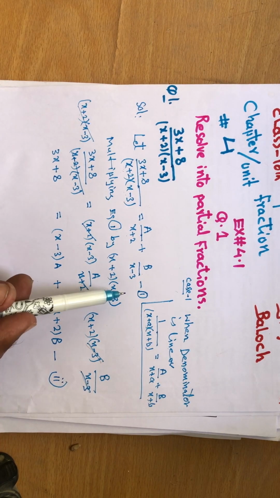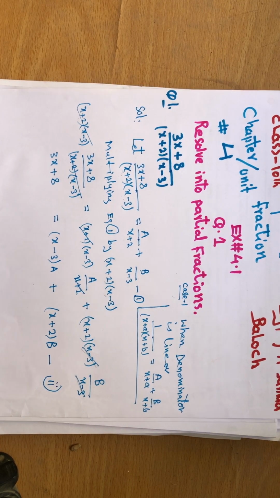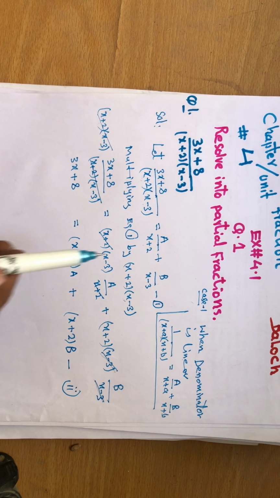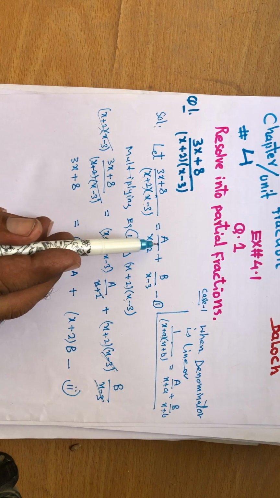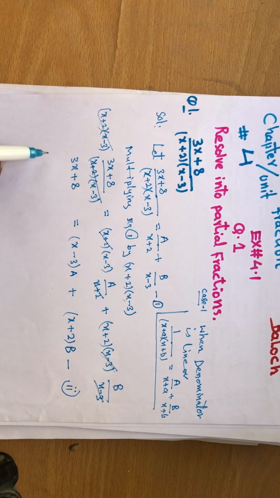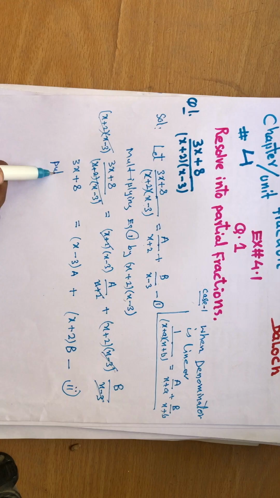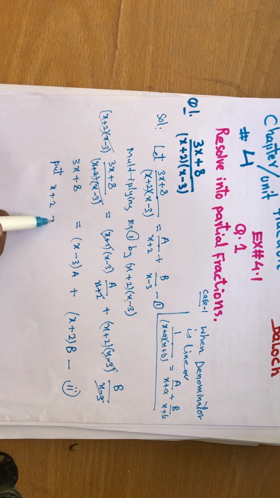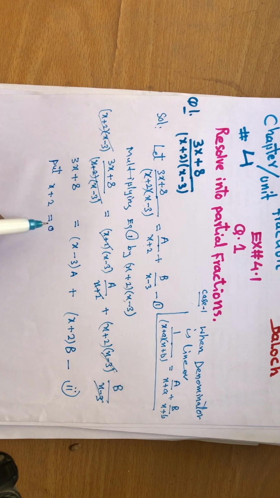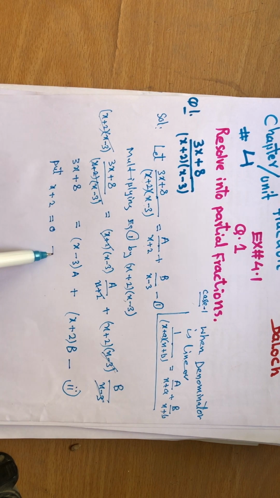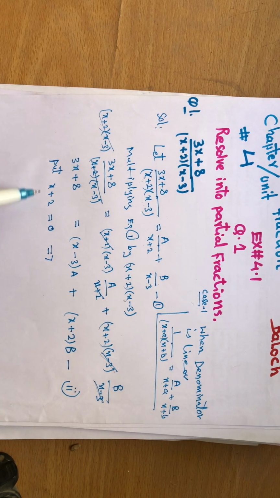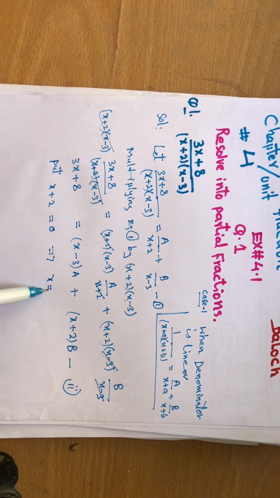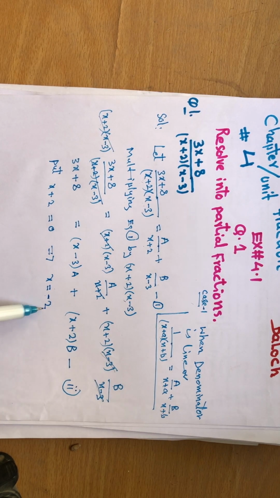We have reached this step. Now our next step is to look at the denominator of A from equation number 1, that is x + 2. Take the same factor and put it equal to 0: x + 2 = 0. If we shift the plus 2 to the other side of the 0, then x is equal to minus 2.